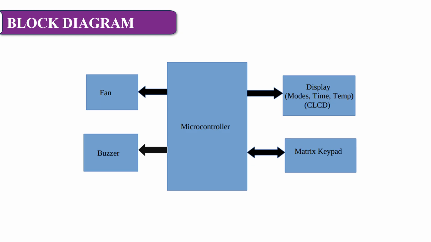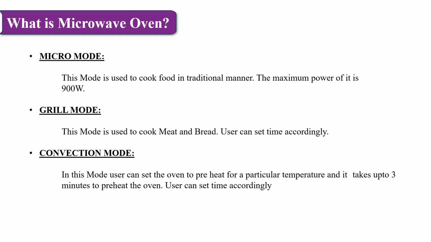A CLCD display we are going to use will show the modes, time, and temperature of the microwave oven. The matrix keypad we are going to use for inserting the time in seconds or minutes, or the temperature, or selecting modes by pressing 1, 2, 3, 4, and we are going to use a 3 by 4 matrix keypad in this project.